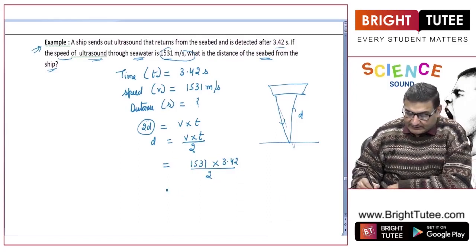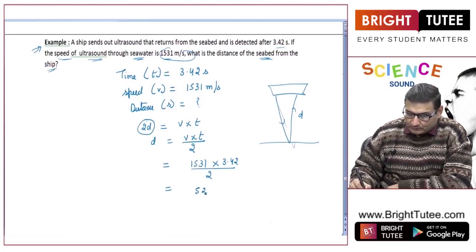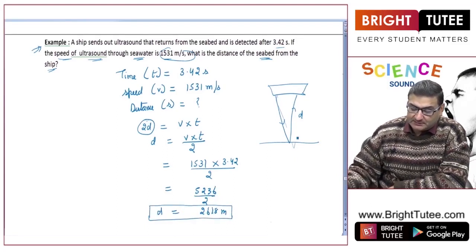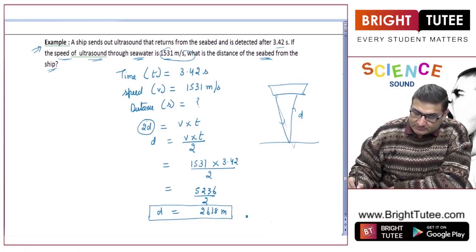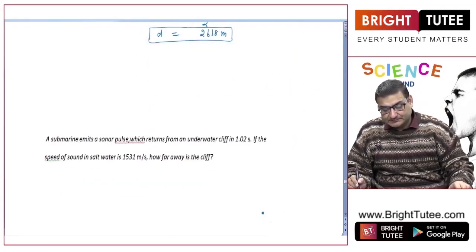So when I will calculate it, it will come out to be 5236 divided by 2, which in turn will be 2618 meter. So the distance of the seabed from the ship is 2618 meter. Clear? Let us take another question.